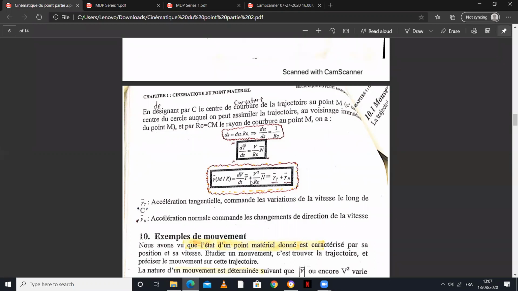But we have gamma t and we have the total gamma. So we can calculate gamma n by changing the subject, bringing gamma t this side. So gamma n is equal to gamma total minus gamma tangentiel.